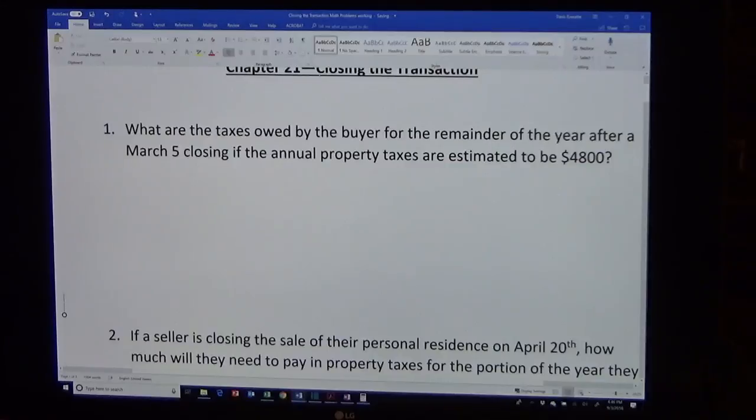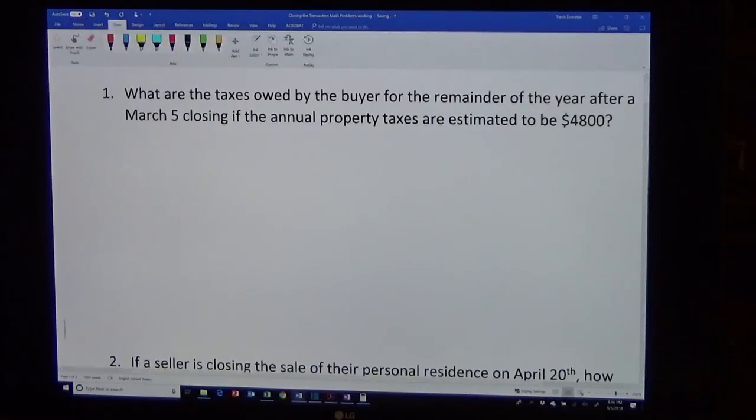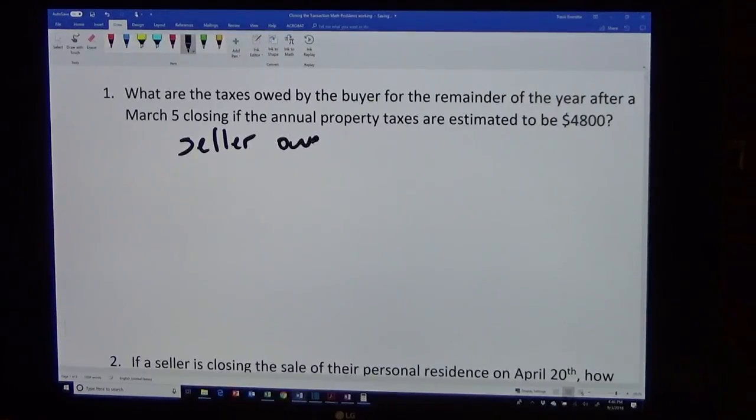So whenever we are prorating property taxes, we want to write down two very basic statements. The seller owes, and we want to put the period of time that the seller owes for. And the seller always owes from January 1 through the closing date, which is March 5th.